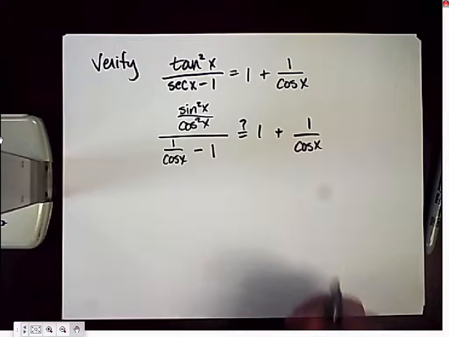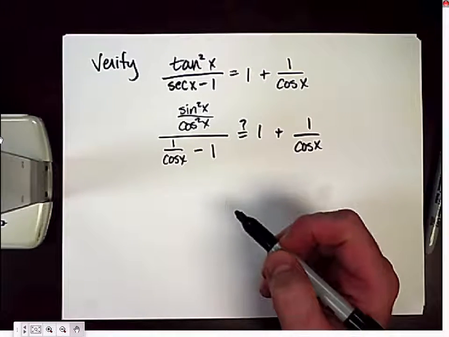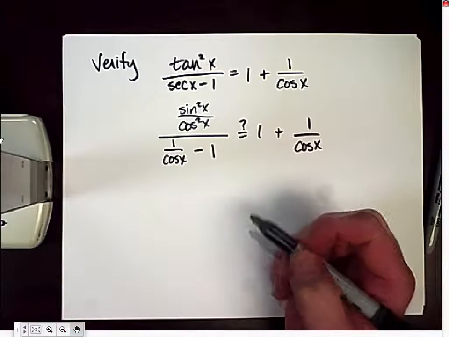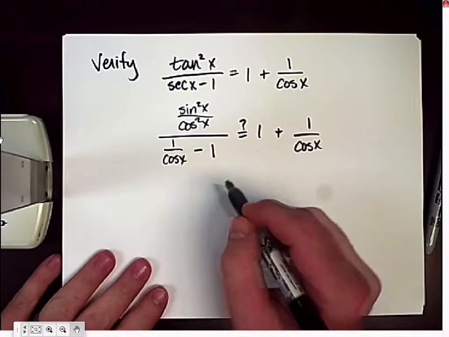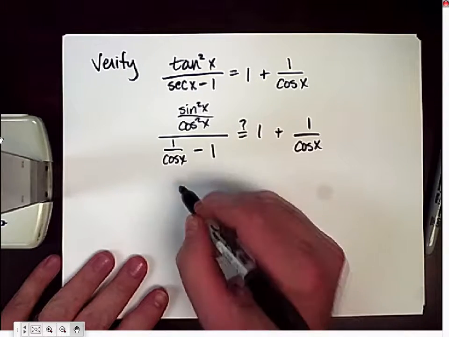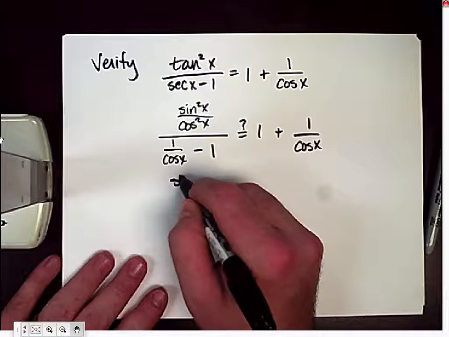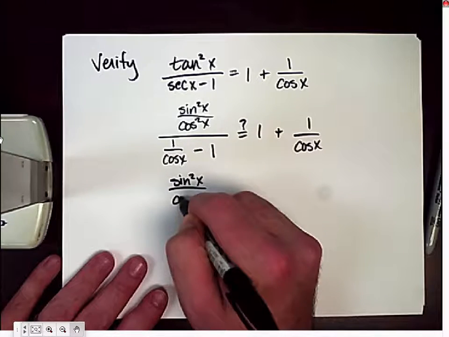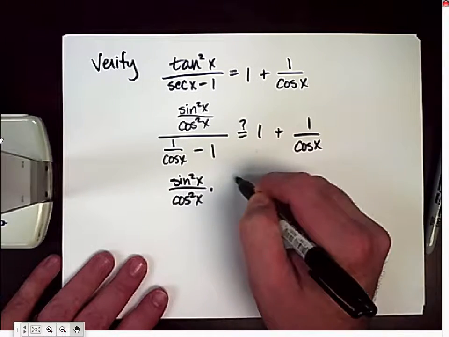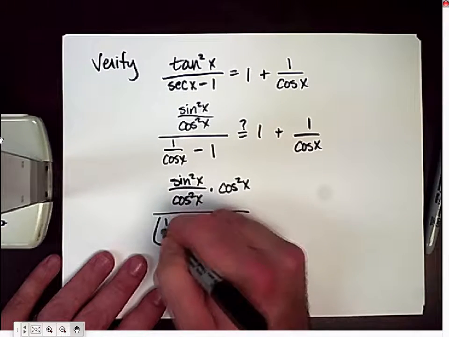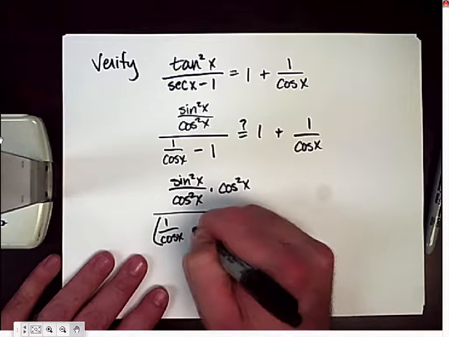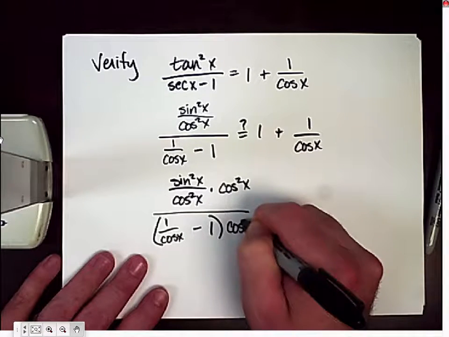Okay, now we have a complex fraction here. How can we get rid of it? Common denominator. So we can multiply top and bottom by cosine squared x. So we've got sine squared x over cosine squared x times cosine squared x over 1 over cosine x minus 1 times cosine squared x.